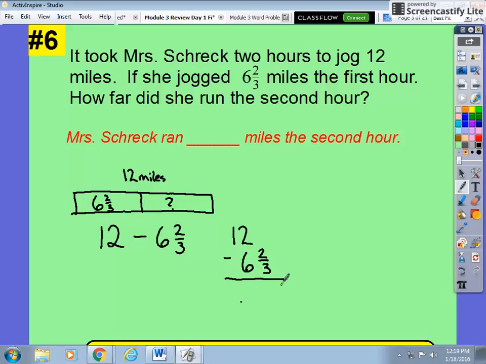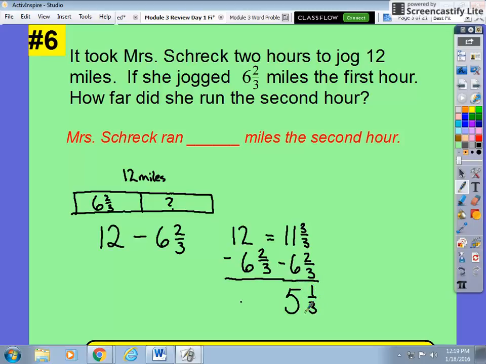So we can regroup and we can say that the 12 is then going to be 11 3/3. And now we have some thirds that we can subtract. We can subtract 6 2/3 and we would have 5 1/3.